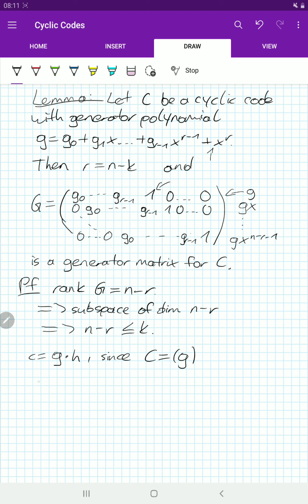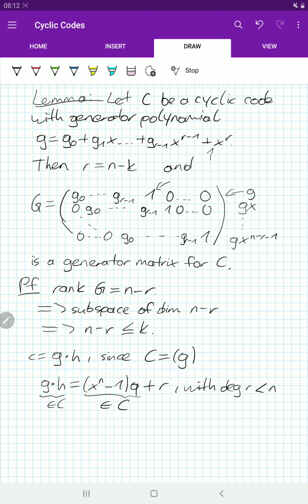So let's see, so we have G times H. We can write it as X to the N minus 1 times some polynomial Q plus some polynomial R with degree R less than N. So again, we see this here as a code word.